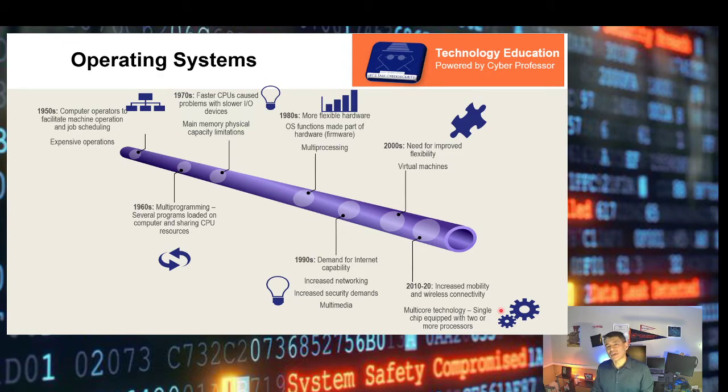So now you had a more mobile workforce, and even for personal use, people expected their mobile devices and the associated operating systems to handle the mobility demands of those devices. And multi-core technology came into play, a single chip equipped with 2 or more processors. So that describes at a high level the evolution of operating systems across the last pretty much 70 years.